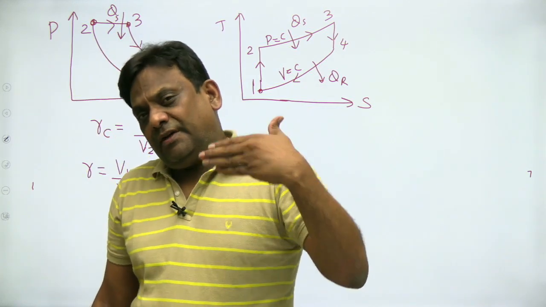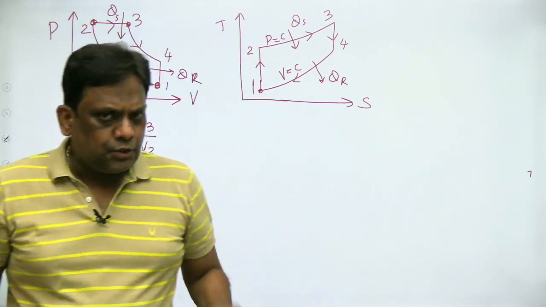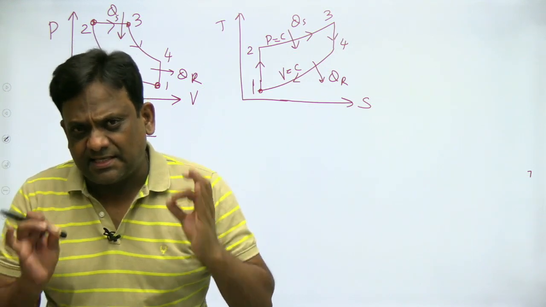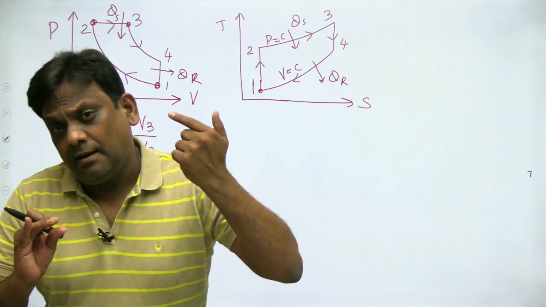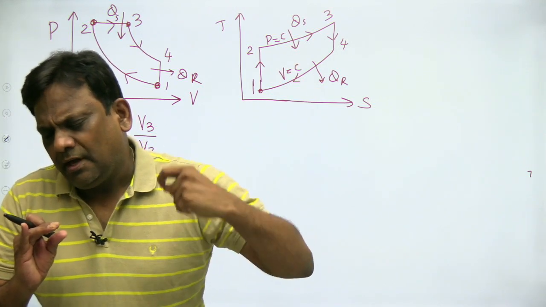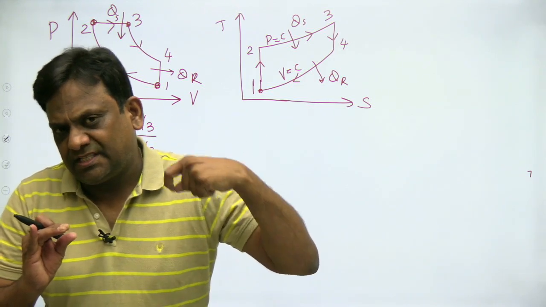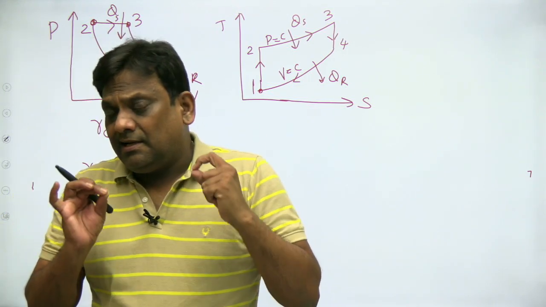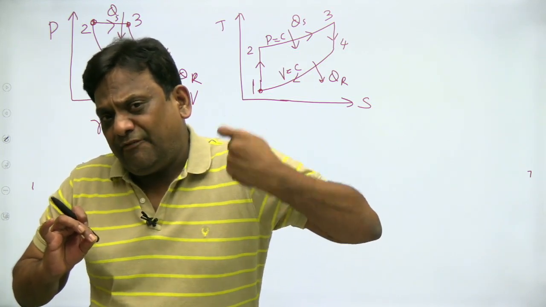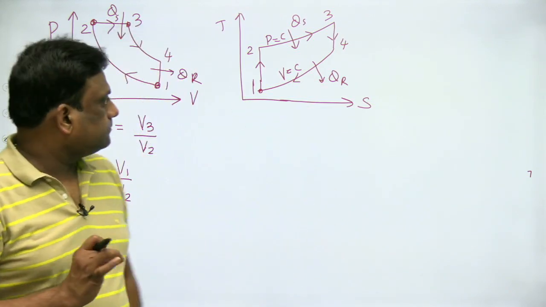And for a given input, if the work output is more, obviously the efficiency would increase. So higher the compression, larger is the scope for expansion, and hence for a given input, the net work output will be more and thereby the efficiency will rise. Now let us see how the cutoff ratio is influencing the efficiency, or rather air standard efficiency of diesel cycle.